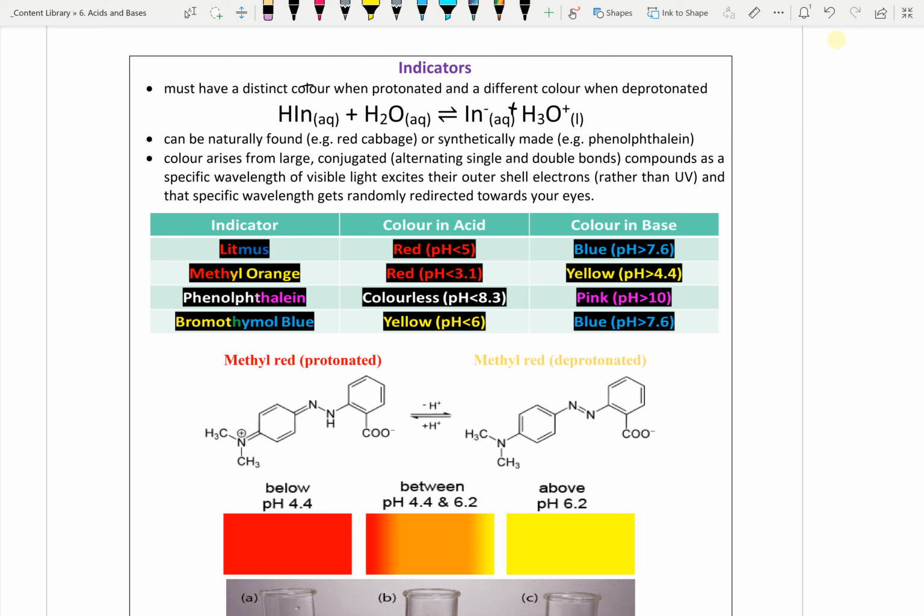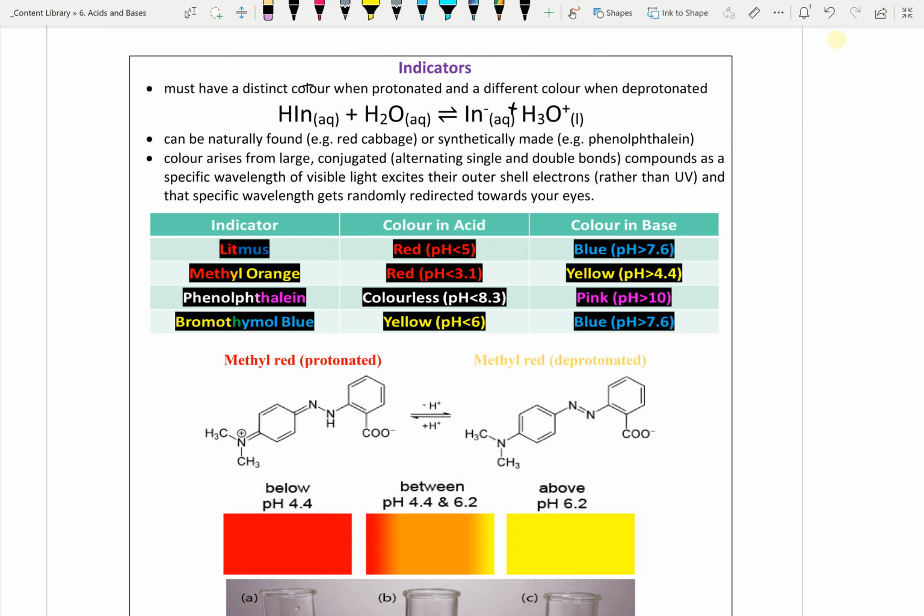Right. This bit here is a bit of an extension. It's talking about colored compounds having conjugation, which is when you have single bonds, double bonds, single bonds, double bonds. Conjugation is a big reason why it's a colored compound. You can go into a bit more if you're physics inclined and read about it.